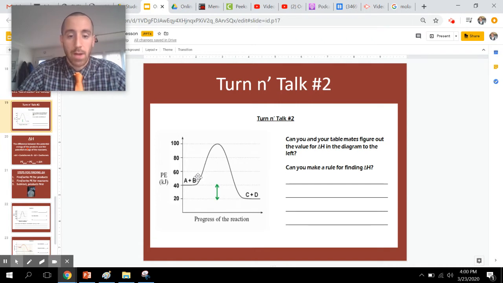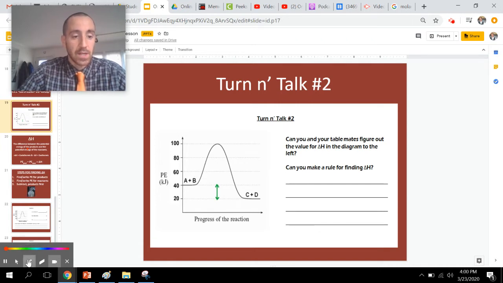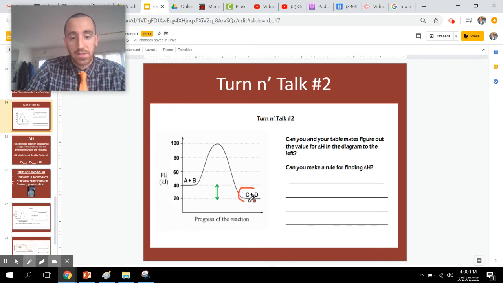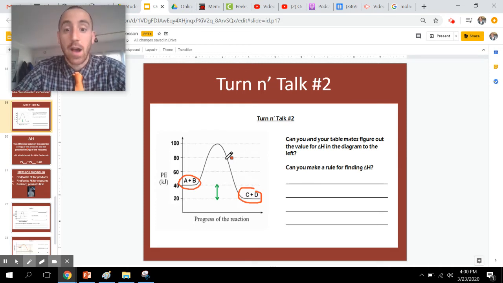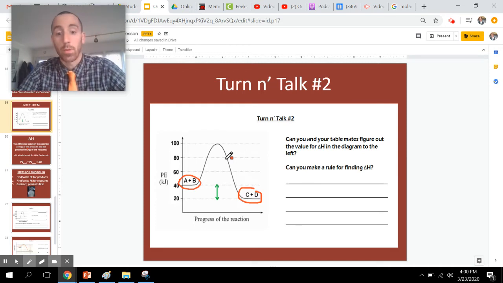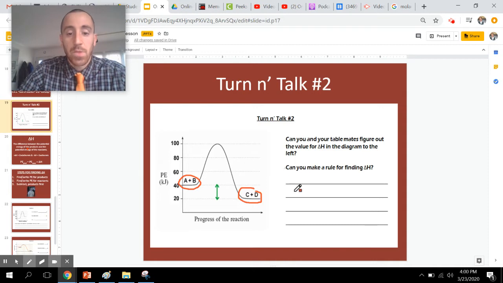So if I wanted to figure out the rule for this, it's going to be products minus reactants. And suddenly now in this type of question, you can see why the sign, whether it's positive or negative, is so important.